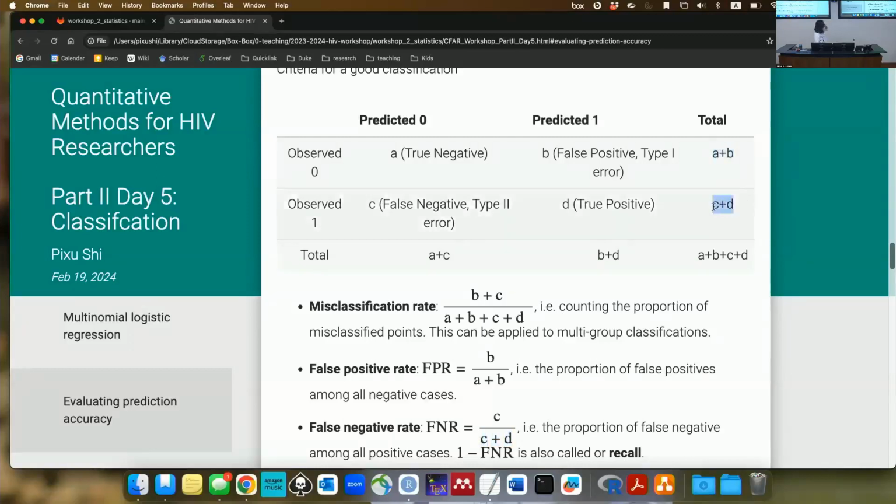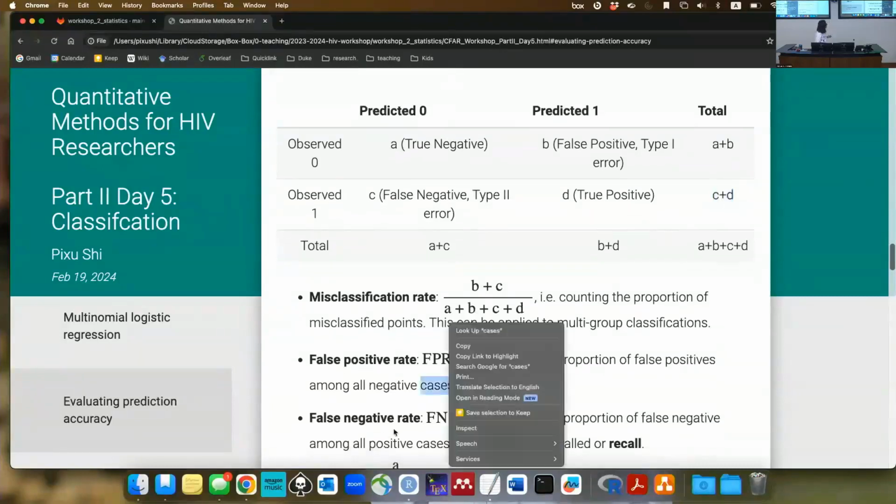This is the number of observed ones. When you change the cutoff, the B and C will change. One of them will increase and the other one will decrease. There's a trade-off between those two. So when you choose the cutoff value, you would want to choose somewhere where the B and C are both reasonably small.